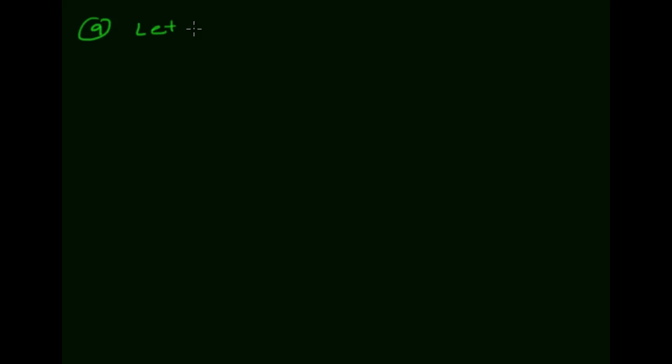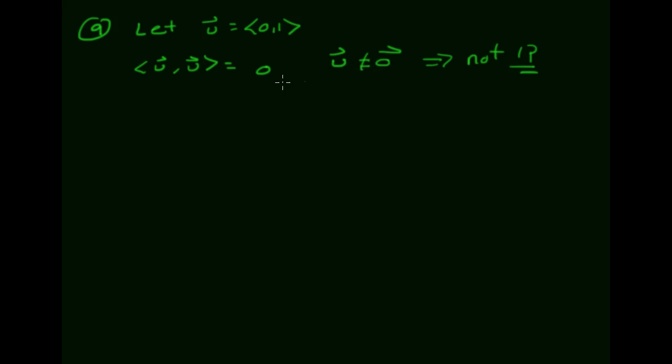In number 9, if I let u be the vector 0, 1, and I use that product on itself, that's going to give me the value 0, but u does not equal the 0 vector, so this implies that it's not an inner product, because the inner product can be 0 if and only if u is the 0 vector. So let's look at 10.